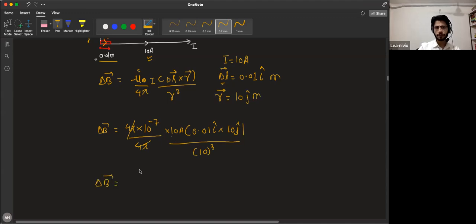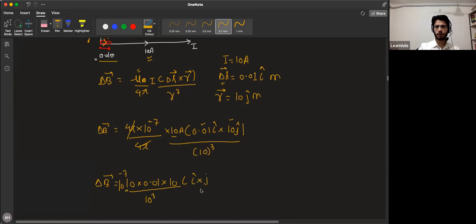This is 10. We can take all these numbers outside the cross product. 10 into 0.01 into 10 divided by 10 cube, and this is 10 raised to the power minus 7. And you are left with only I cap cross j cap.